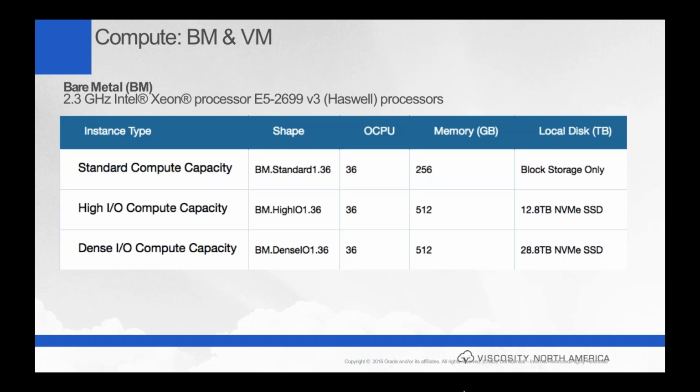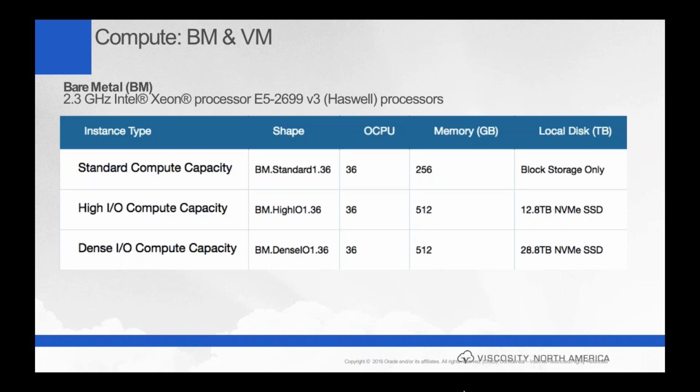and block storage only. As you get further up the stack with high I/O and dense I/O, you're getting the same number of OCPUs, but a denser memory footprint and a denser local disk footprint. In this case, the storage is NVMe SSD.